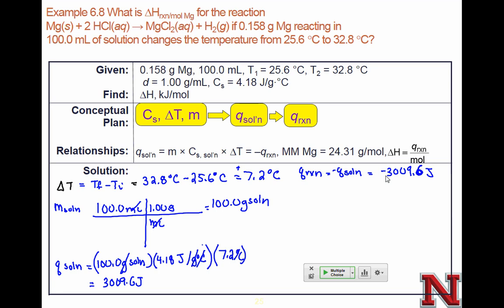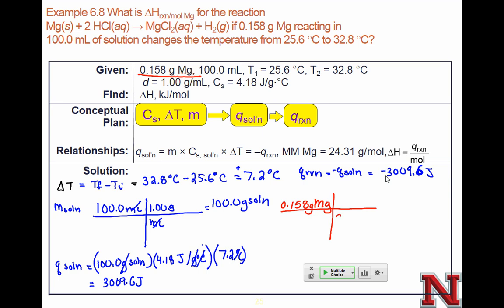But we want to know our delta E per mole of magnesium. So how do we do that? Well, we can calculate our moles of magnesium because we know how much magnesium we started with. And also magnesium, don't confuse it with milligrams when you're looking at it.